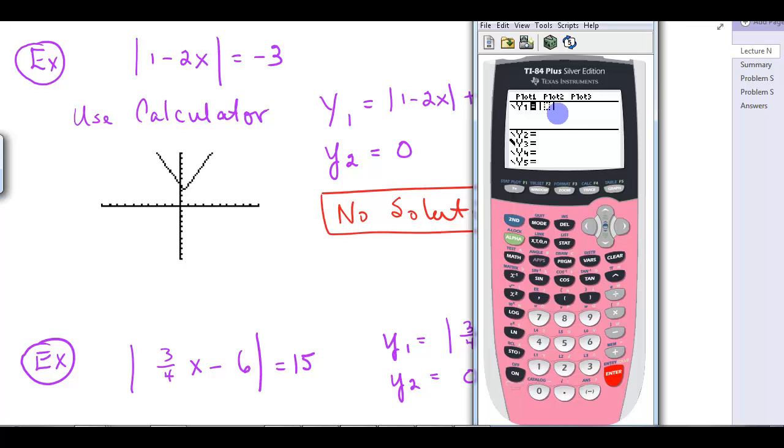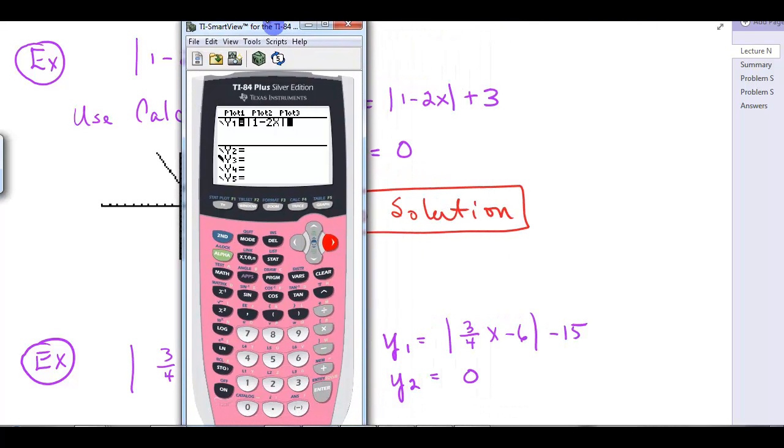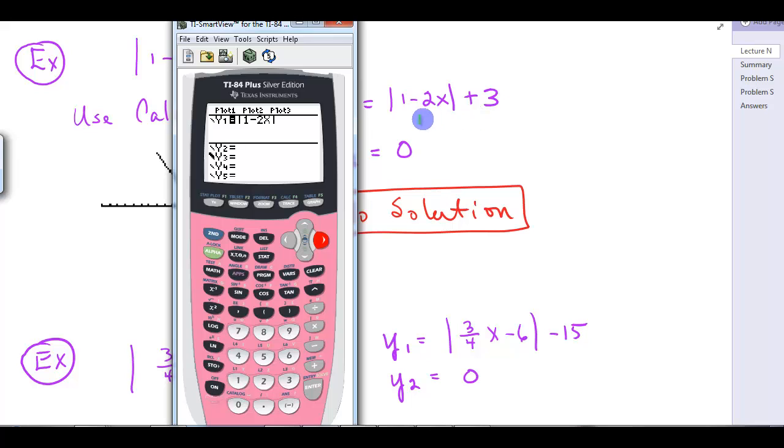If you have an older operating system, it'll just say ABS and it'll have a parentheses. So inside here, I'm going to put 1 minus 2x. And then I'm going to use my right arrow to go out of those bars. And I'm putting this in because I had to have everything on one side. So I'm going to have a plus 3. And I'm going to put y2 to be 0.